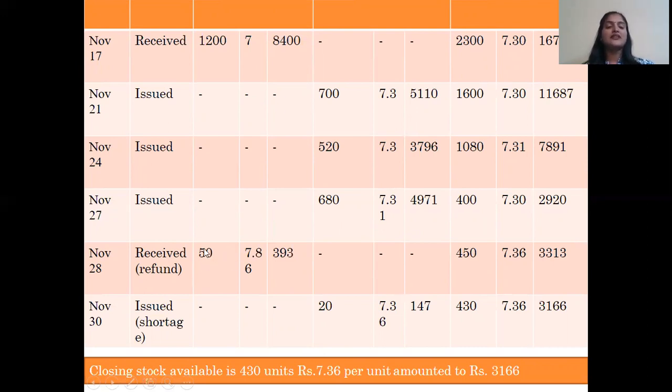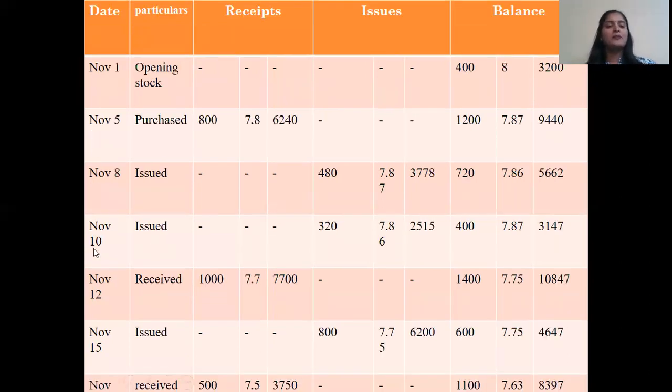But for this, on 28th, they have not given the cost per unit, but they have mentioned some information. What is that? The cost per unit that you issued on 10th November, we should take that for 28th. Okay, see here, on November 10th, what is the cost per unit you have issued?